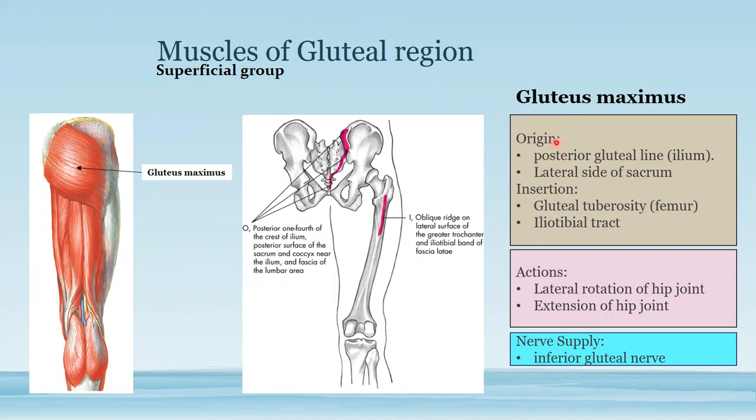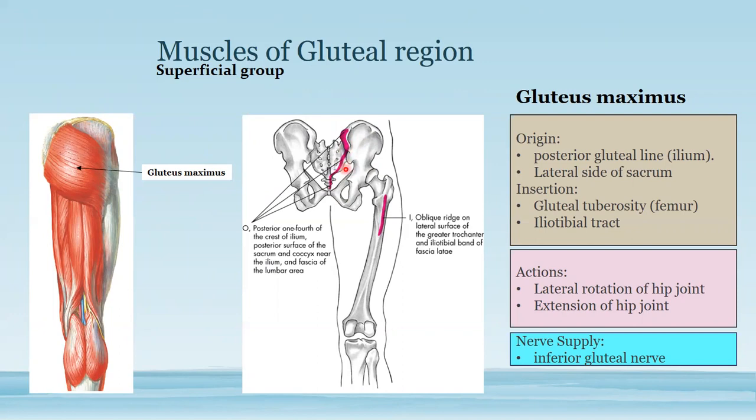So for the gluteus maximus, the origin is along the posterior gluteal line. Remember your hip bone. There is the posterior gluteal line, the anterior and the inferior gluteal line. So the gluteus maximus is attached along the posterior gluteal line and also the lateral side of the sacrum and coccyx.